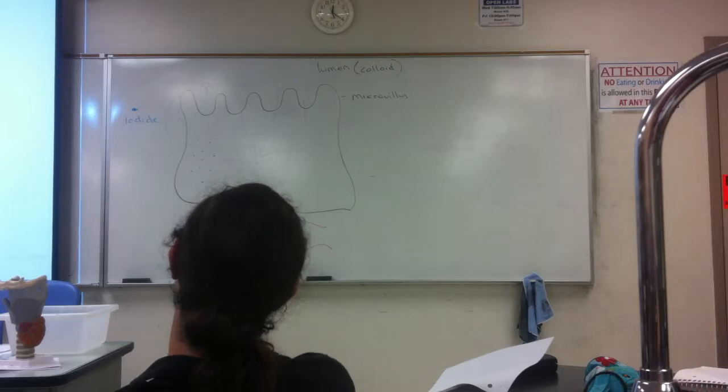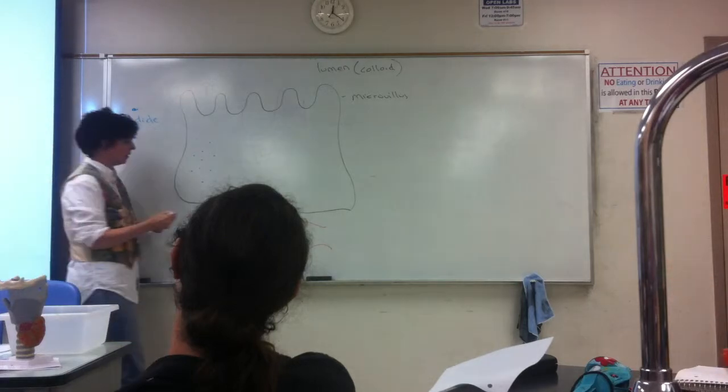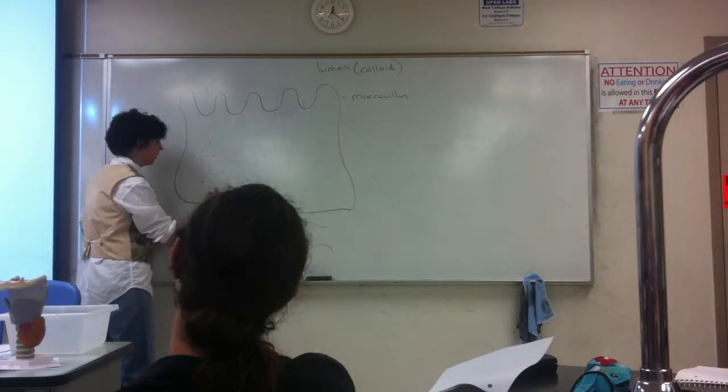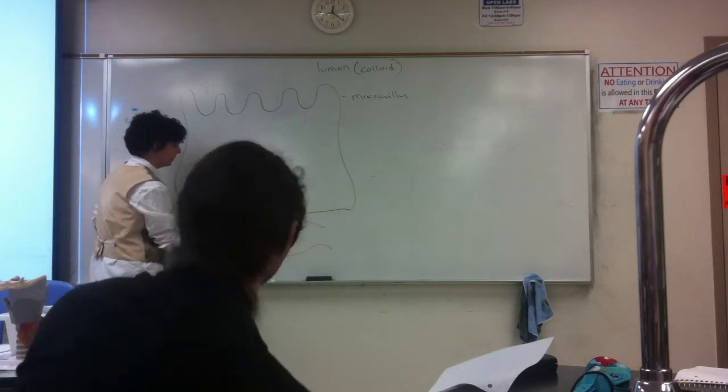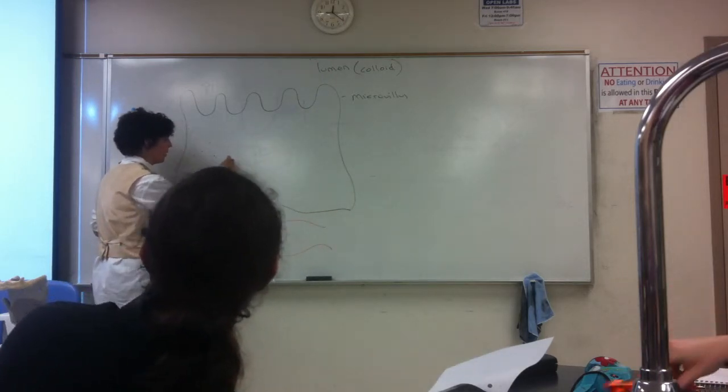Outside. So if we have a leak channel for sodium, or if we open a ligand-gated channel for sodium, it's going to go into the cell. So this channel is going to allow sodium ions to move in, two sodium ions.